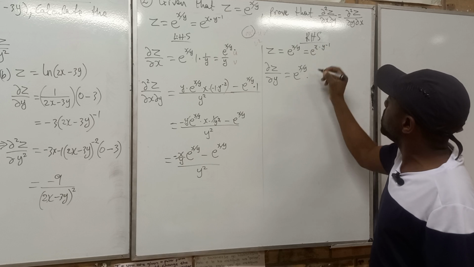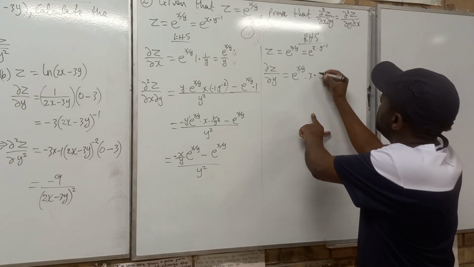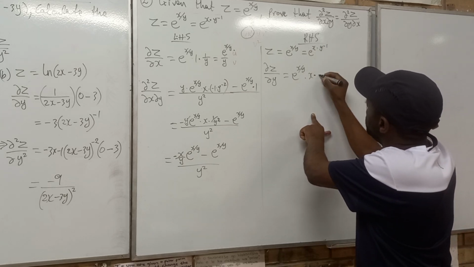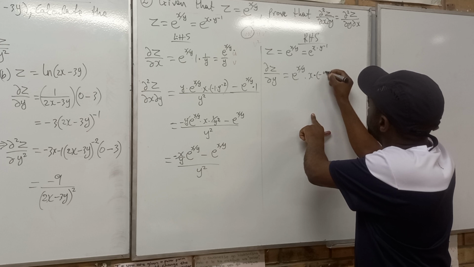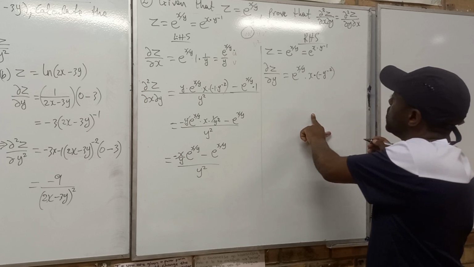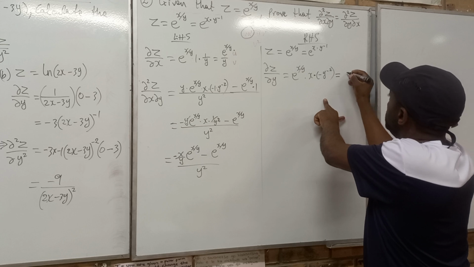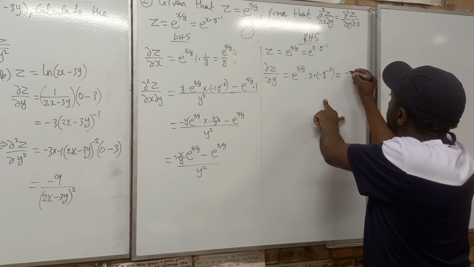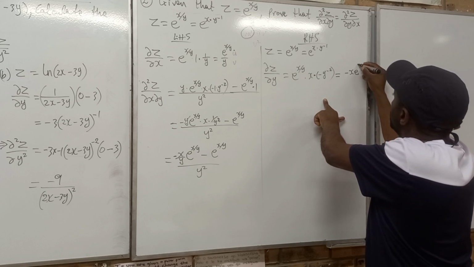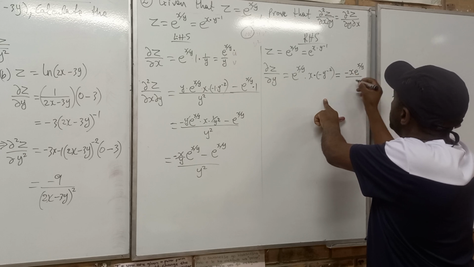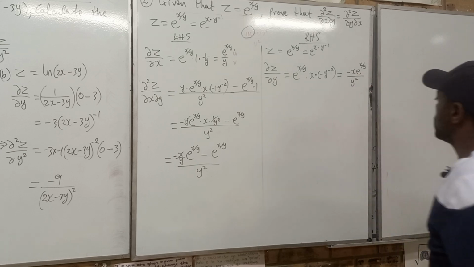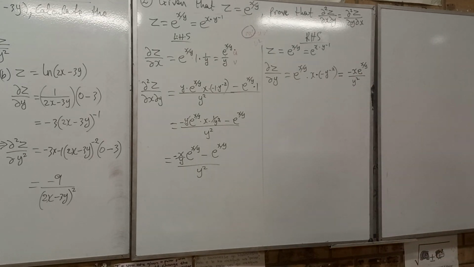That means at the exponent x will stay the same. Then if I differentiate y and bring the power in front, it becomes negative y to the power negative 2, which if I simplify this will be giving me negative x e to the power x over y divided by y squared. So that is what I have.